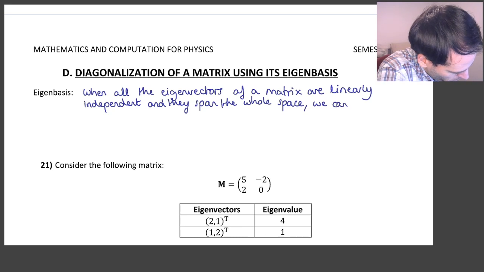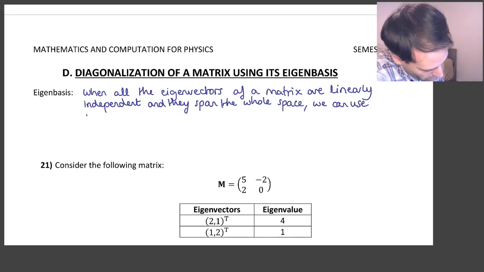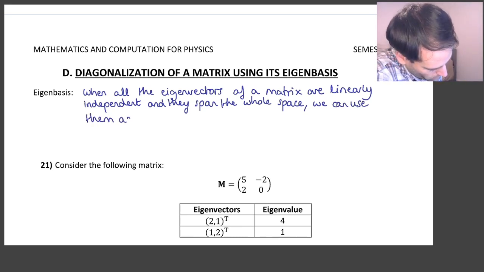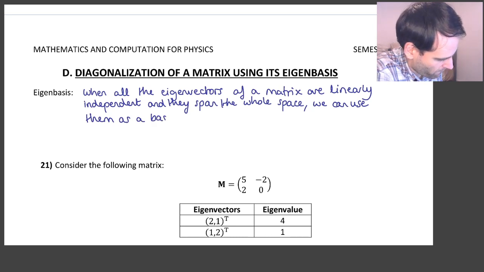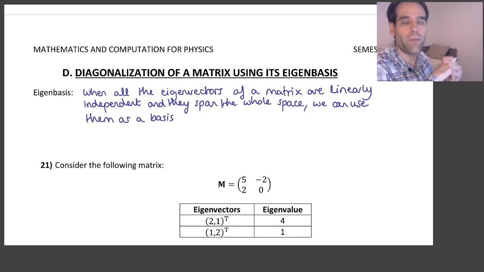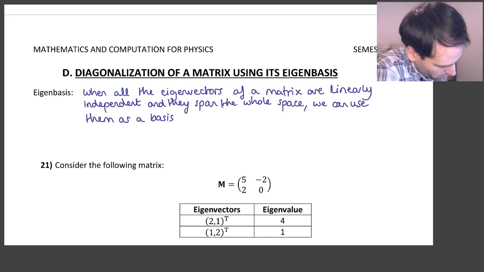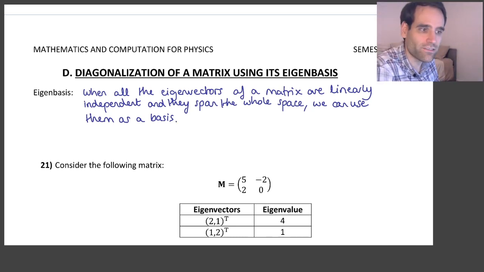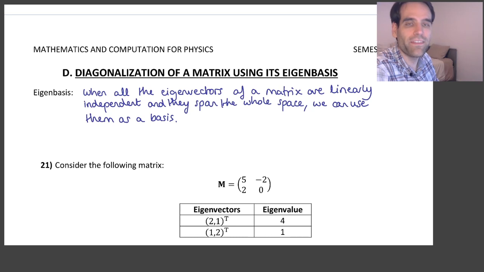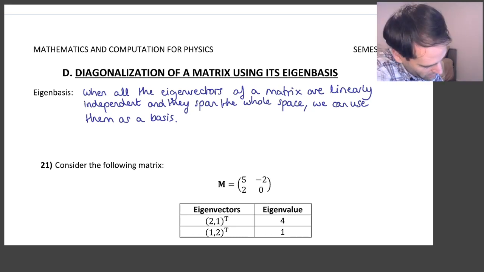We can use them as a basis. Remember, any set of vectors that are linearly independent and that span the whole space can be used as a basis for that space. So when we do that with the eigenvectors, because they are linearly independent and span the whole space, we can use them as a basis, and this is called an eigenbasis.